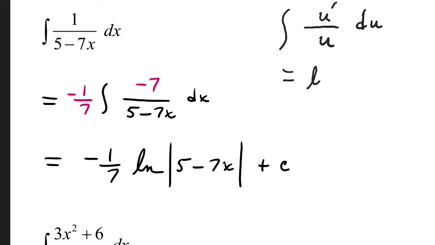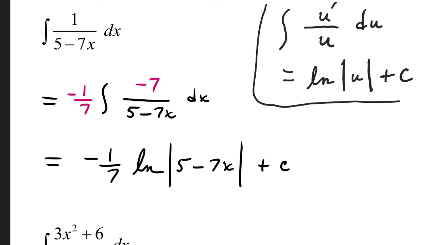Specifically, it'll be natural log of the absolute value of your denominator plus your constant of integration if it's an indefinite integral. So let's remember this formula going forward.